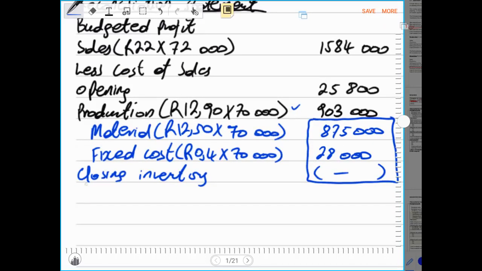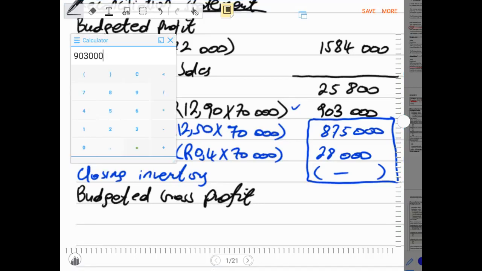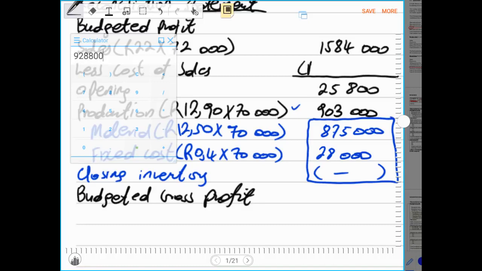So from here we can have our budgeted gross profit. Our budgeted gross profit will be the sales minus the cost of sales, and our cost of sales will be 903,000 plus 25,800, which is the opening inventory, which gives us 928,800 rands.